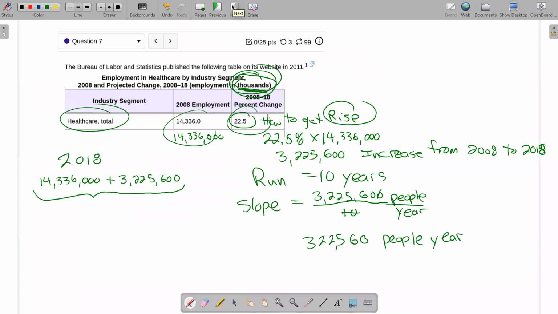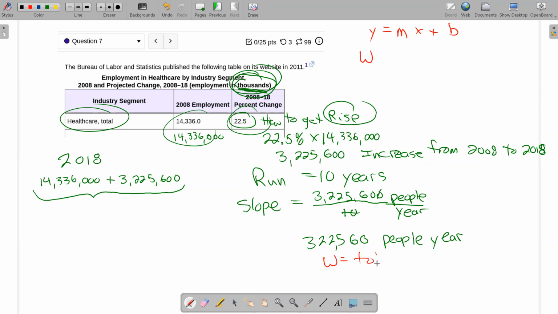Let's see, I can squeeze that in here. All right, so I usually like to write, let me put it up top, y equals mx plus b. And they're telling me to use W for workers and T for the years after 2008. So that's an important note to make somewhere.